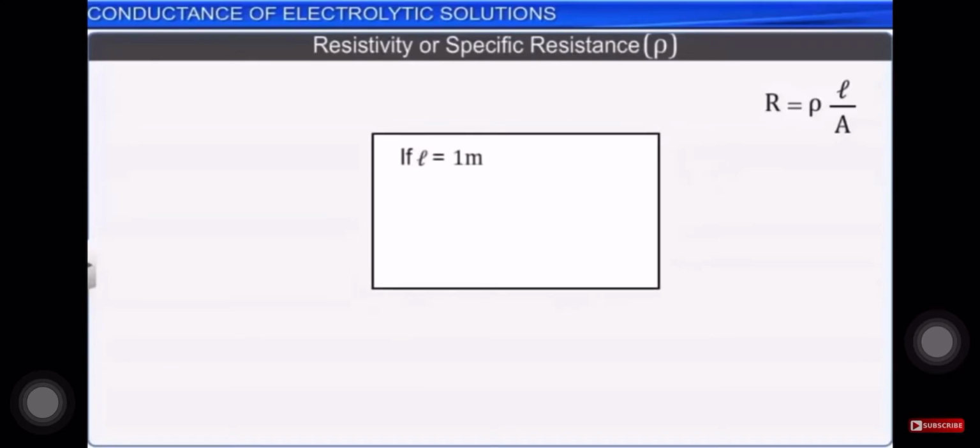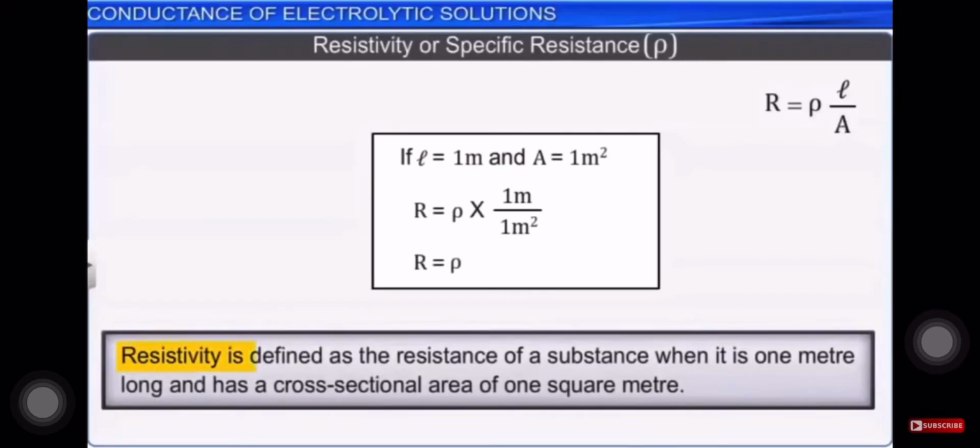Now, if the length is 1 meter and area is 1 meter square, then 1 and 1 will be cancelled, and at that time your resistance will be equal to your resistivity. So, resistivity is defined as the resistance of a substance when it is 1 meter long and has a cross section area of 1 square meter.